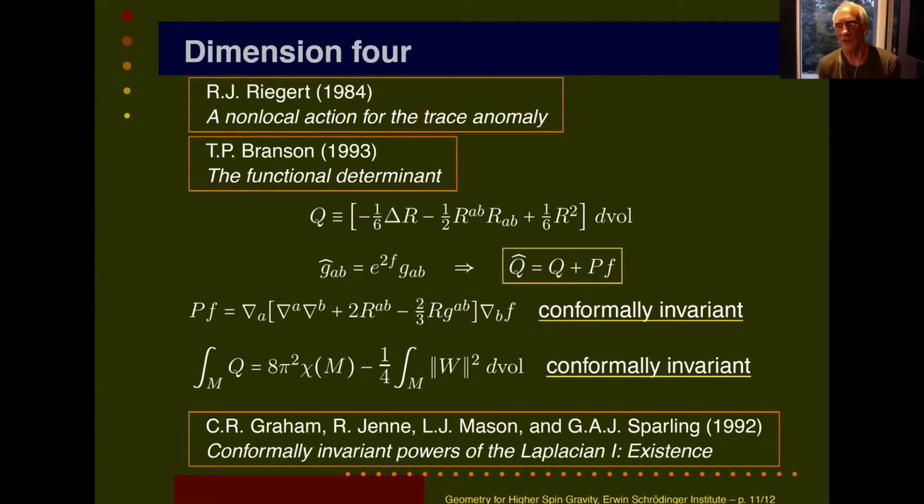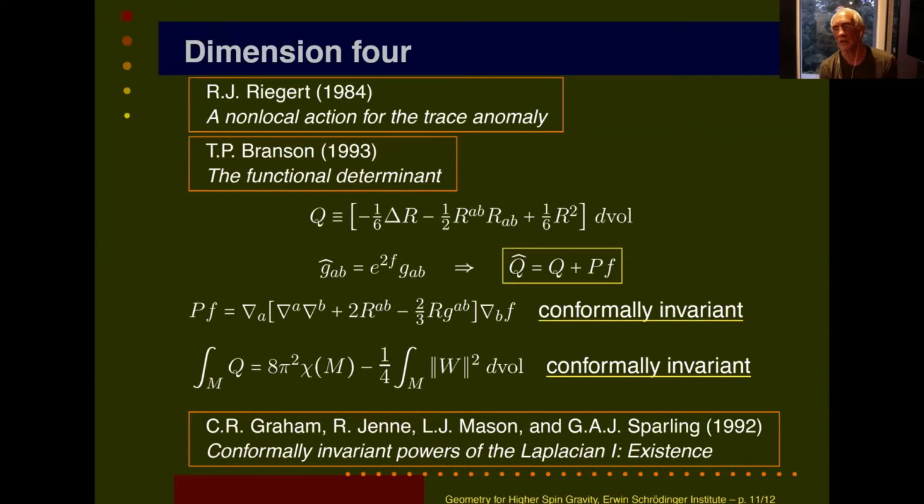If you want to get conformally invariant powers of the Laplacian, actually in odd dimensions you can take any power of the Laplacian you like, and you have to modify it by appropriate curvature terms. If you do it right, you can show that these things exist in odd dimensions, and you can either do it by the ambient metric construction, or you can do it using the Cartan connection or the tractor connection.